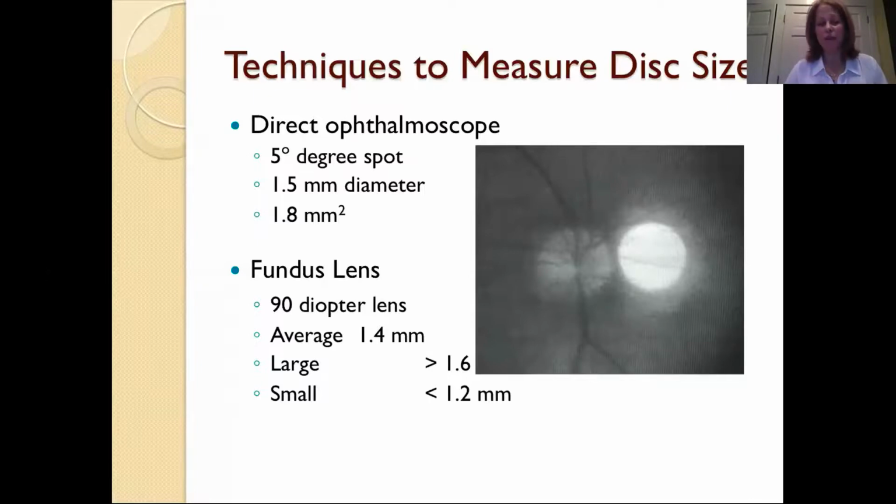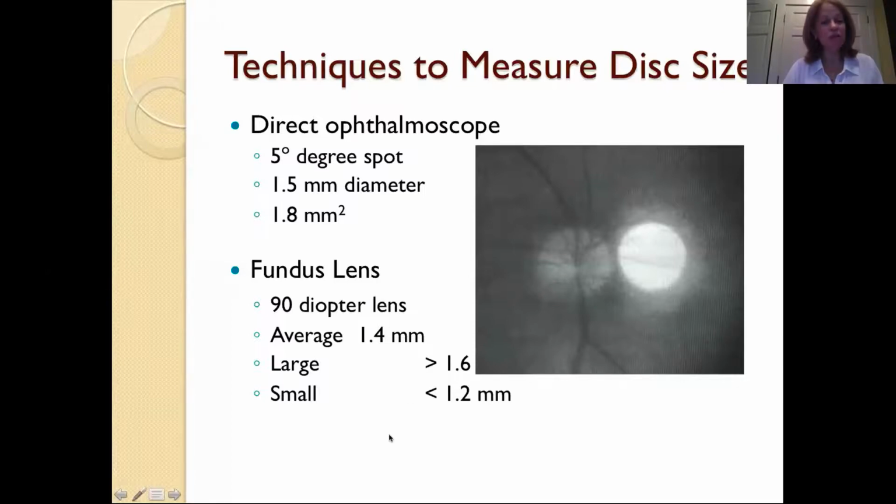But if you take your 5-degree spot from the ophthalmoscope and shine it in the back of the eye, most optic nerves will be just a little bit larger than that spot. It doesn't sound intuitive, but the ophthalmoscope with the 5-degree spot will shine a circle of constant diameter on the retina, as long as the patient has refractive errors between plus and minus 8. So you can use your ophthalmoscope as a measurement.